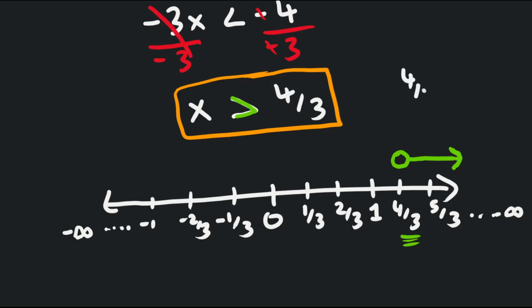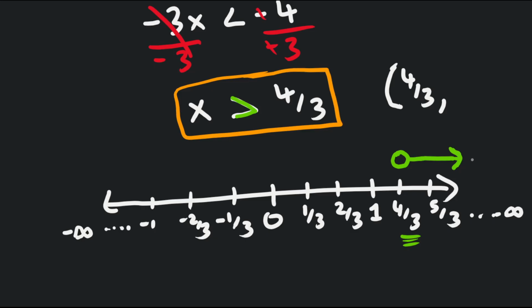We can write 4/3, but we will put a parentheses, we won't put a bracket. We'll put a parentheses if the circle is open, but if the circle was closed, then we would put a bracket, bracket 4/3. But in our example, the circle was not closed, so we'll leave the parentheses there, and then comma.